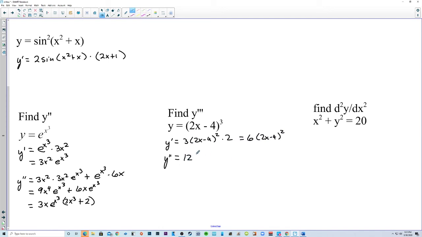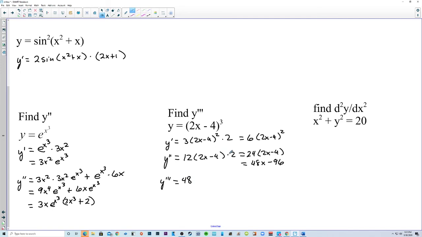Second derivative is 12 times 2x minus 4 to the first times 2, which is 24 times 2x minus 4. Now we could distribute this: 48x minus 96. And so the third derivative is just going to be 48.